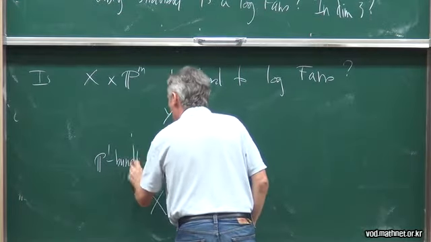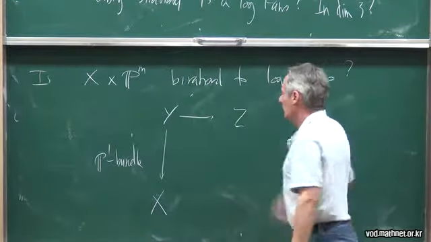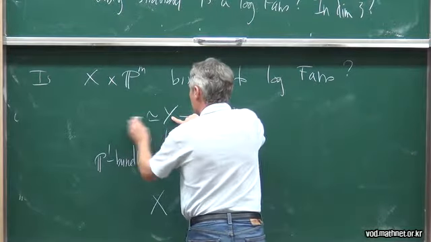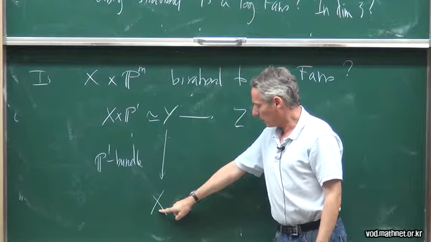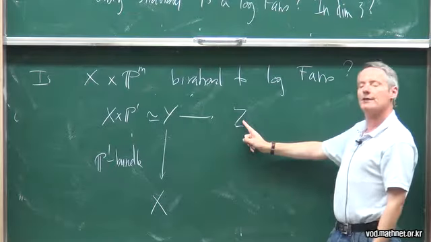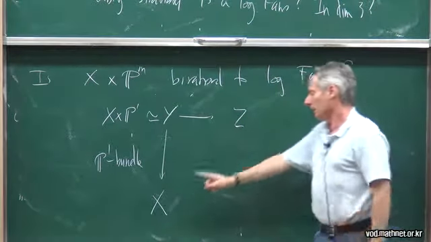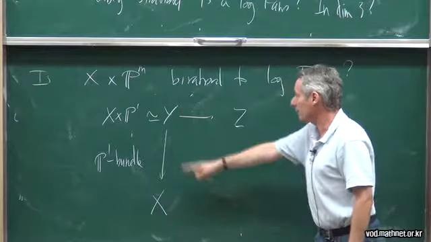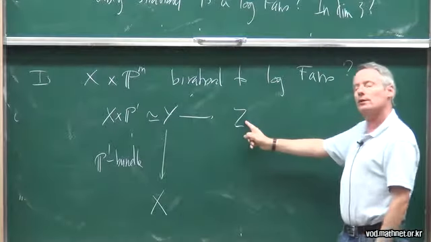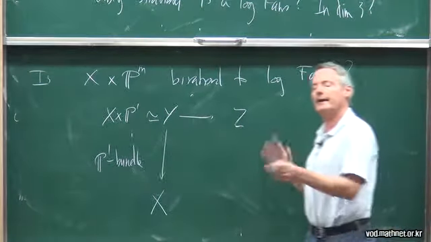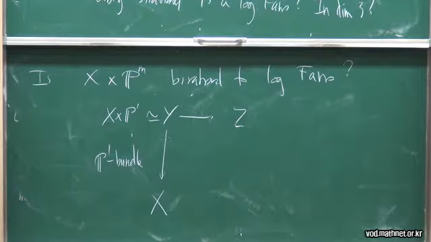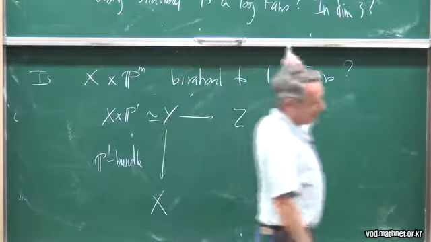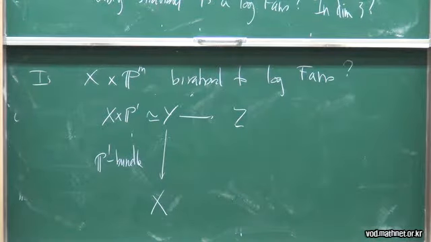And then I went down to Z. But you see, this is birational to X cross P1. So this had Picard number 1 less. So if you kept going, if you could do this construction for a rationally connected variety, you'd get down to Picard number 1, and then if you were lucky, it would be log Fano. It would certainly be Fano, but would it be log Fano? Maybe. So it's a suggestion that maybe the answer to this question is yes.